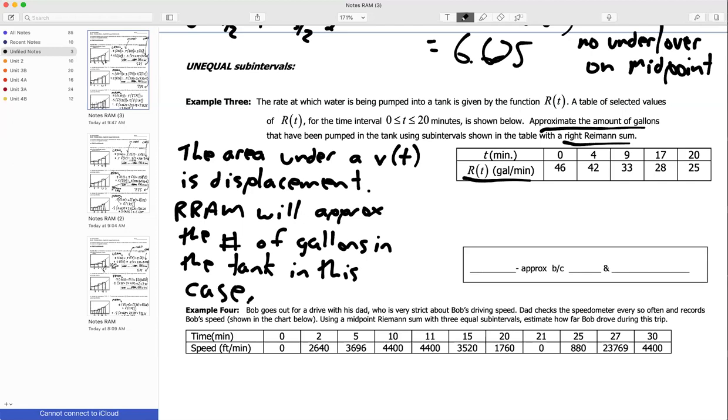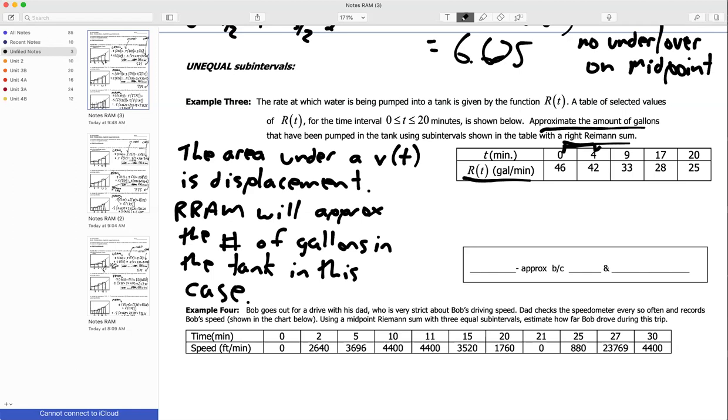And they asked me to use the values that they gave me in the table. So again, I'm just finding the area of rectangles. I've got the rate on my y-axis and the time on my x-axis.